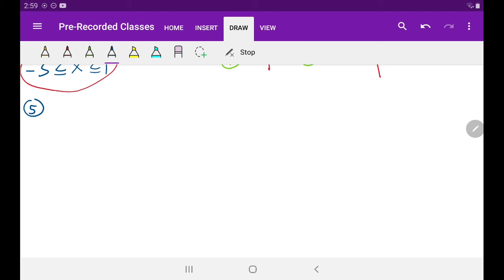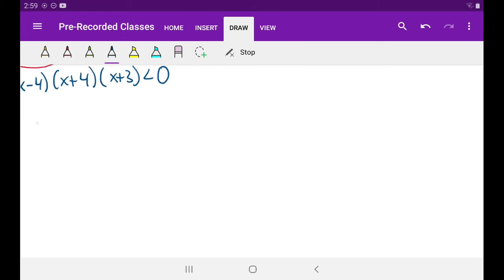For number 5, we have a cubic. We have (x - 4)(x + 4)(x + 3) < 0. I know it's a cubic because it has 3 factors. If I multiply it out, my greatest exponent on x will be 3, so it'll be degree 3.